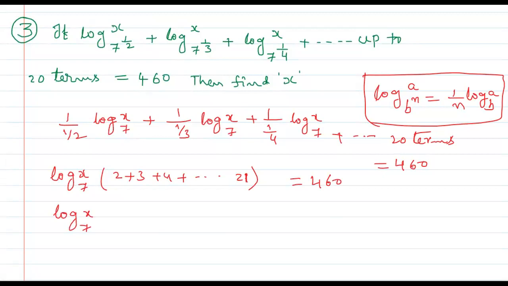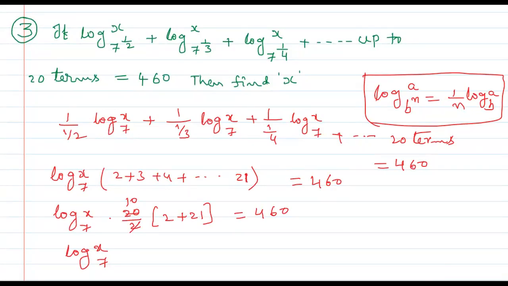This is an AP series. Sum of 20 terms is 20 by 2 into a plus l, a means 2, l means last term 21. That is equal to 460, log x to the base 7, 21 plus 2, that is 23.